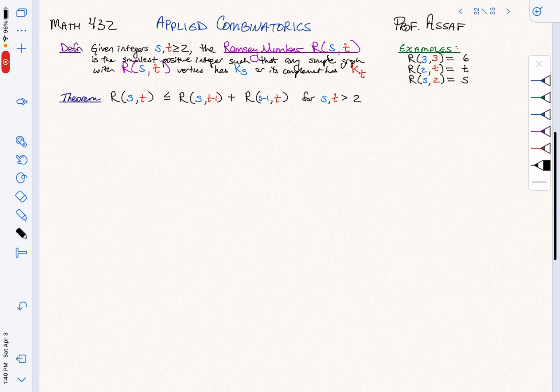And the proof is going to be very much like the proof that you did in your homework, proving that R(3,3) is equal to 6. Let's see how that goes. So again, we can think about a graph union its complement as a complete graph. And then let's color the edges of the graph blue and the edges of its complement red. So really, this is our proof.